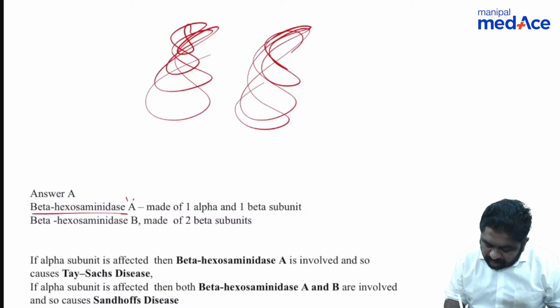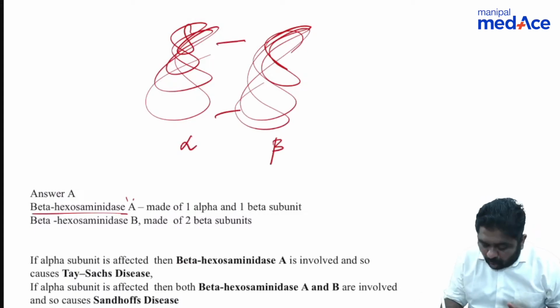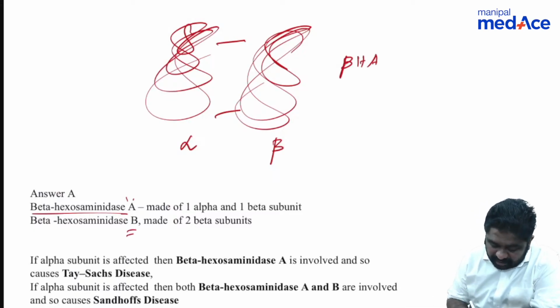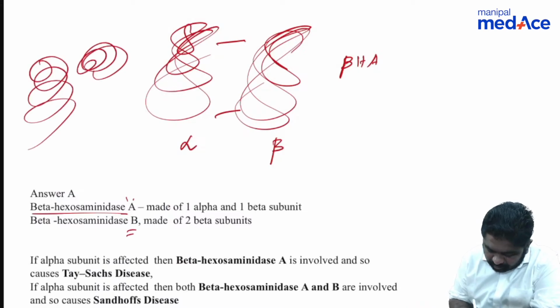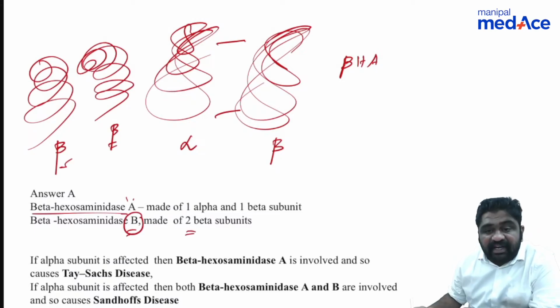This is subunit alpha, subunit beta. When both of them are interacting, what I get is beta hexosaminidase A. Now, when you focus on beta hexosaminidase B, both of them are beta subunits. In the case of hexosaminidase B, both of them are beta subunits.